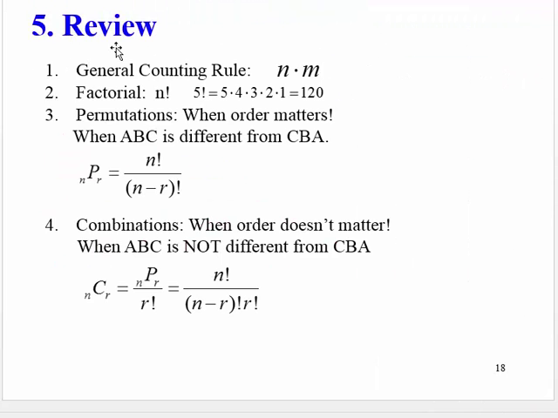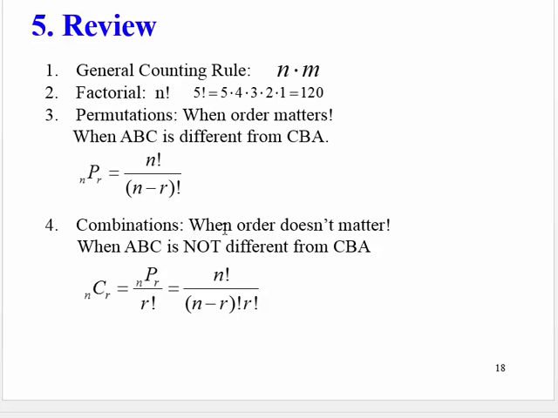Okay, so in review, the general counting rule: if there are n ways to do the first and m ways to do the second, then it's n times m. If you want to know how many ways to order n objects, that's just n factorial. Permutations, when order matters, when ABC is different from CBA, we use NPR, which is n factorial divided by n minus r factorial.